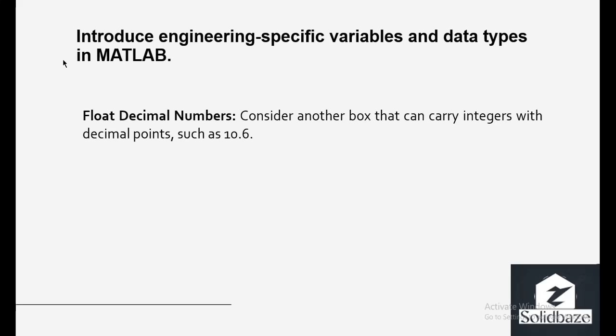This float data type is different from the integer data type, and these are what we mean by different boxes containing specific content. We have the int box, and we have another box dedicated for float. We can declare a float data type using this syntax: a variable is equal to 10.6, which is a float, or we call it double data type.